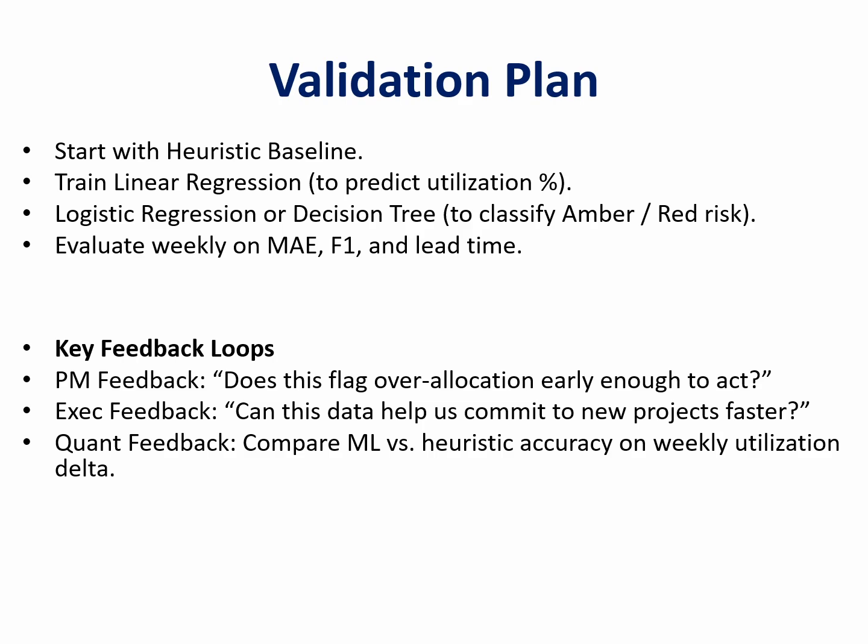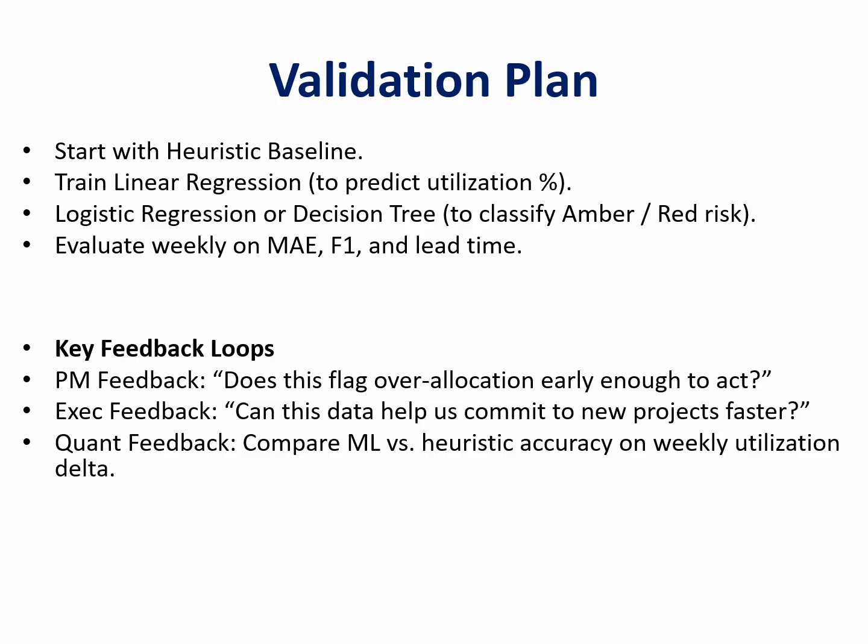A combination of learning models: what we would start off with is a heuristic baseline, train it to predict utilization with a linear regression model, right? And then the next step would be a logistic regression or a decision tree model in order to help classify the green, amber, red status. Then we would evaluate that as the data updates, and we would want to focus on MAE, F1, and lead time.